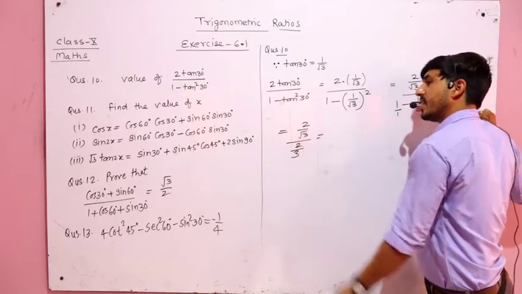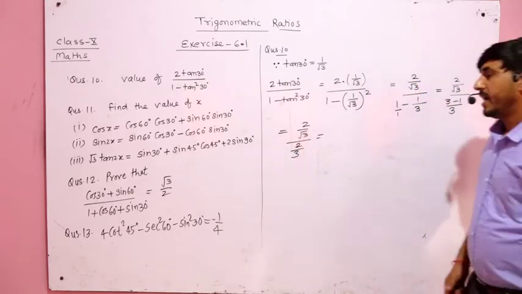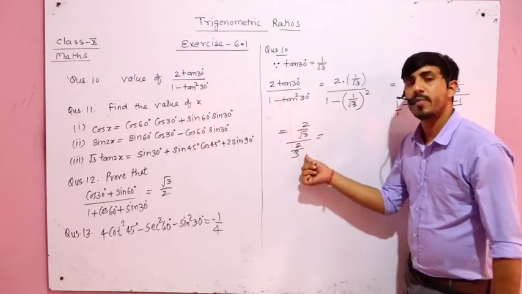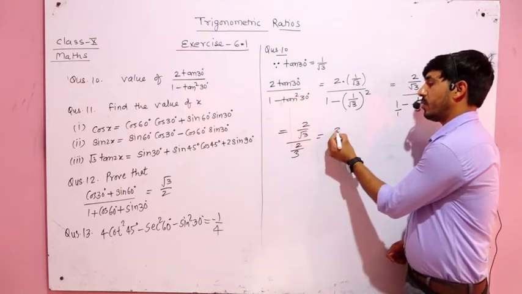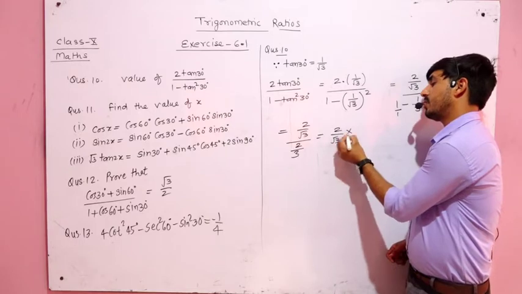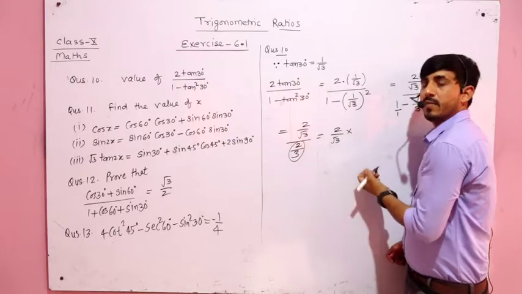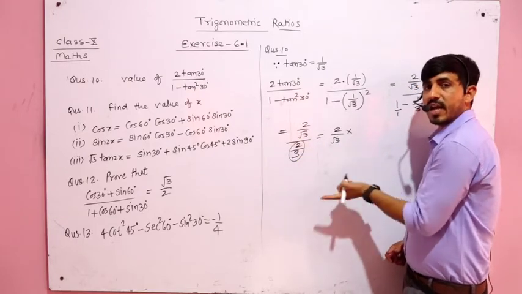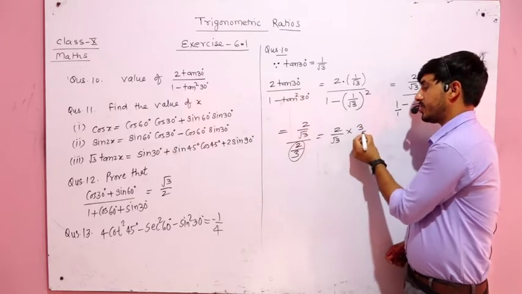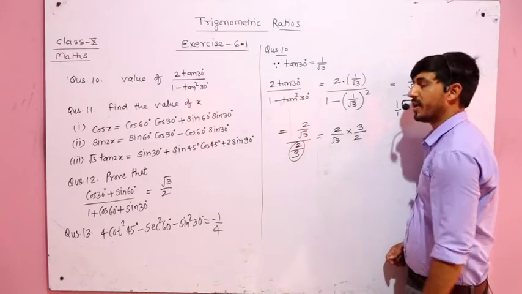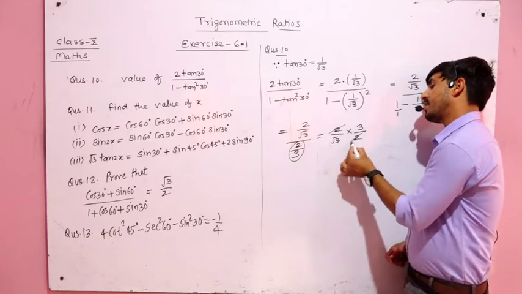Here the number is written in the form a upon b upon c upon d. So we have 2 upon root 3, and this is multiplied by the reciprocal, taking the opposite. It means 3 is taken as numerator and 2 as denominator. Then 2 is cancelled by this 2.